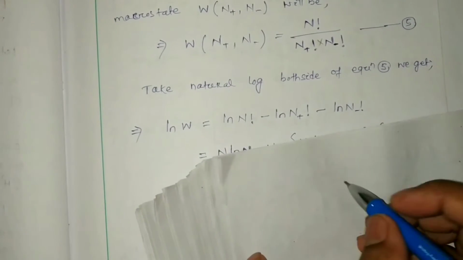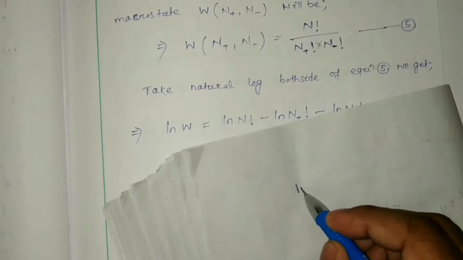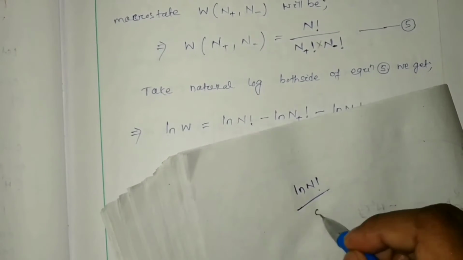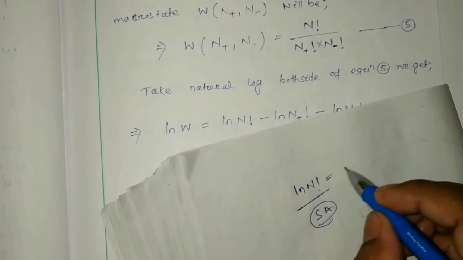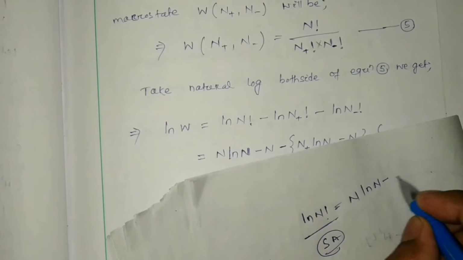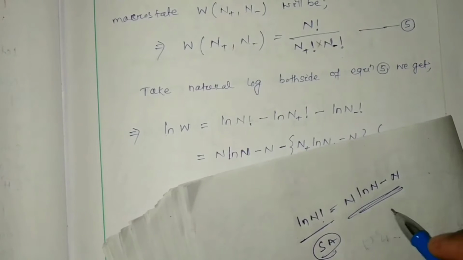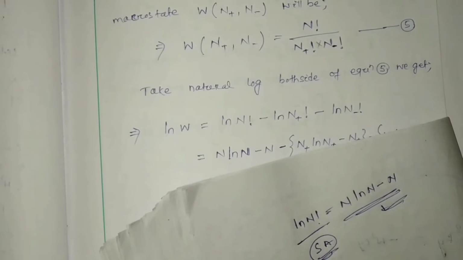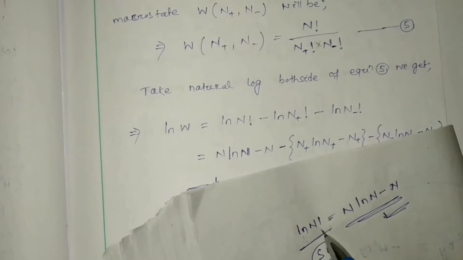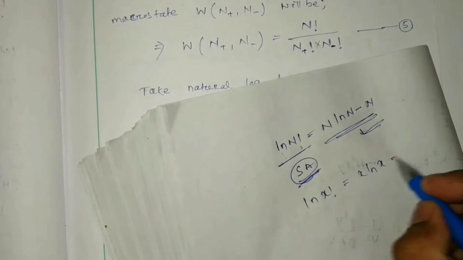According to Stirling approximation, if we want to find ln N factorial, it will be N ln N minus N. We have discussed this many times previously. According to Stirling approximation, ln x factorial will be x ln x minus x.